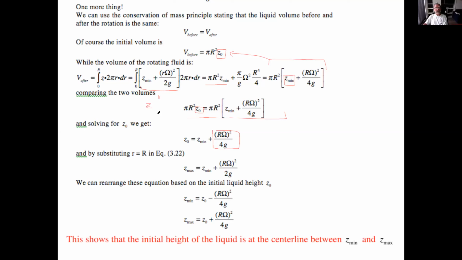And then Z max, the maximum Z, is going to be when this R is equal to capital R, at the brim, at the diameter of the thing. And then that equation is exactly this one, Z minimum.